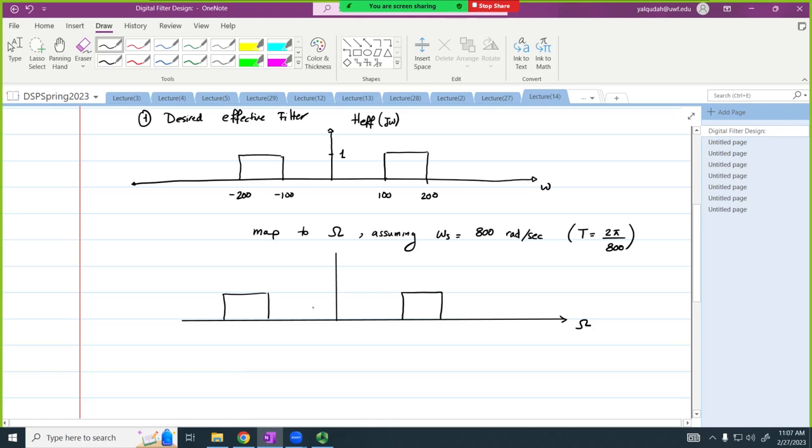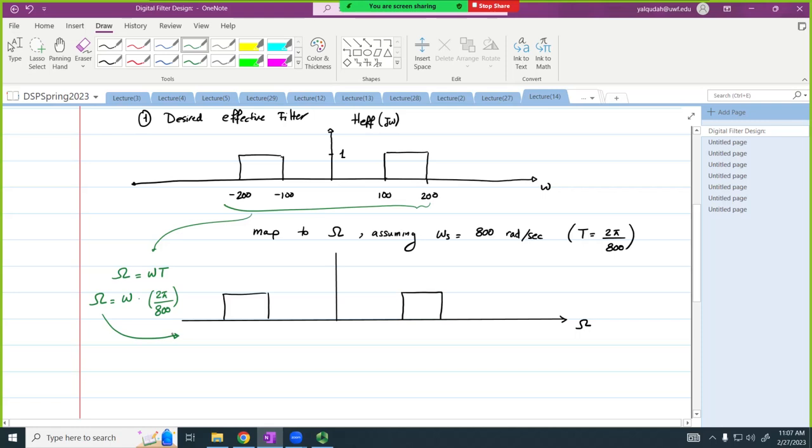We're going to map these frequencies, the continuous time frequencies, using omega equal to W multiplied by T. What is T? It is 2 pi divided by 800. Therefore, omega equals whatever the frequency W multiplied by 2 pi divided by 800 to get the discrete frequency. And this is going to give me my omega.